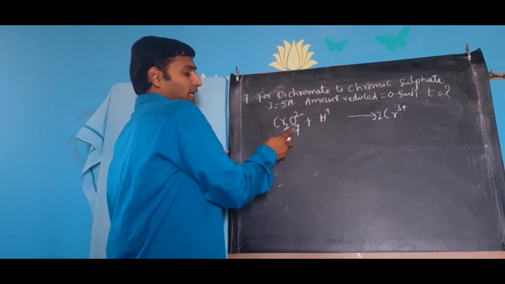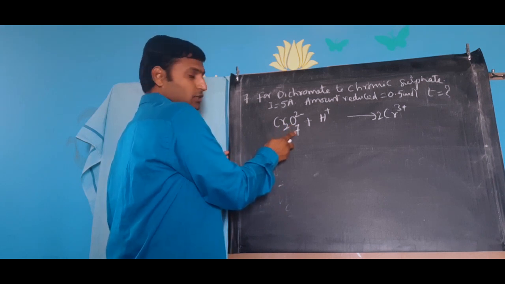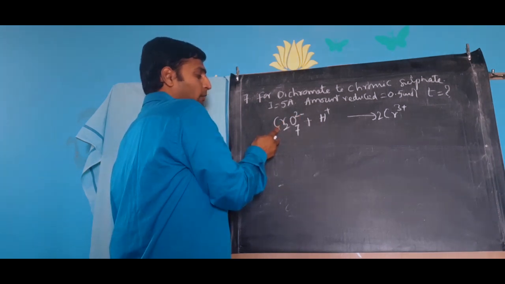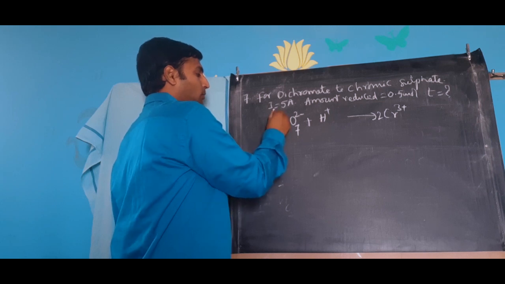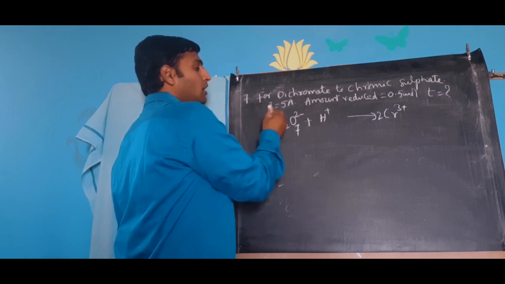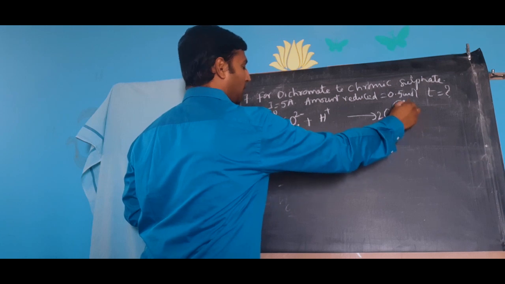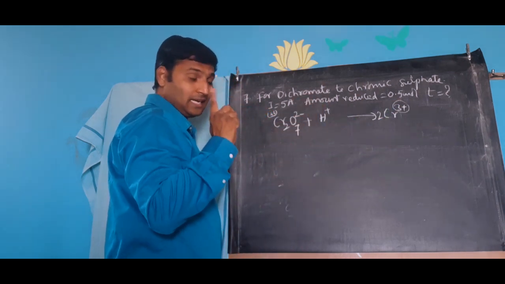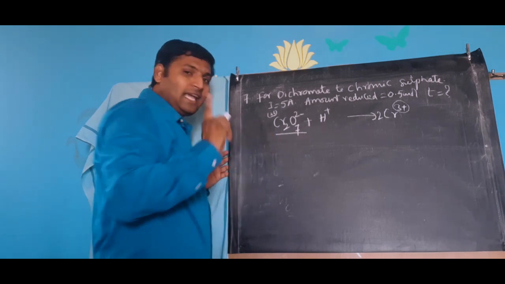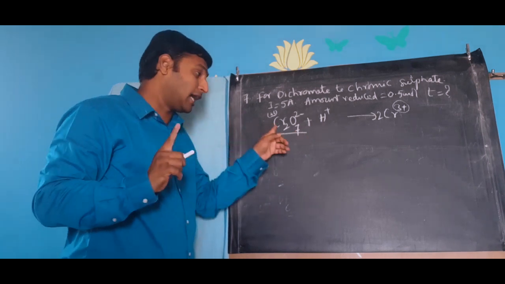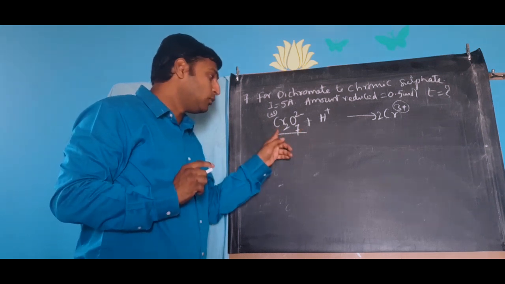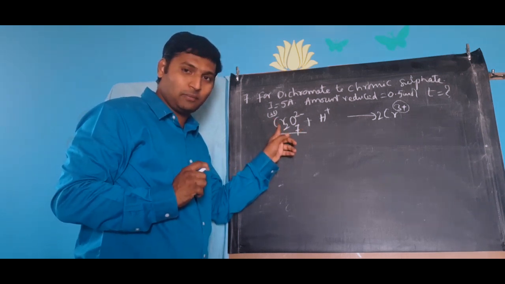7 into minus 2 is minus 14. Minus 14 plus 2 chromium should equal 0, so 2 chromium should have plus 12. So each chromium has plus 6. From plus 6 it has changed to plus 3. That means 3 units. Now please understand, in each mole of dichromate there are 2 moles of chromium atoms.